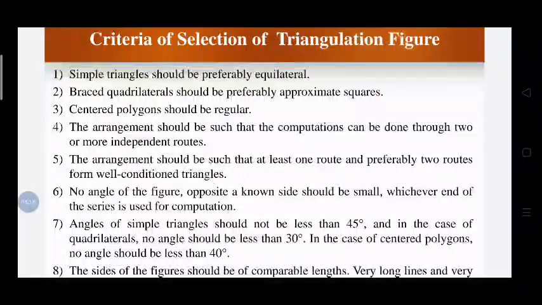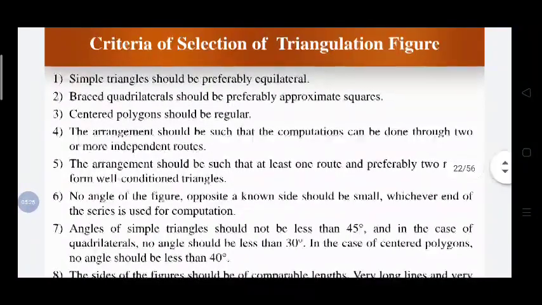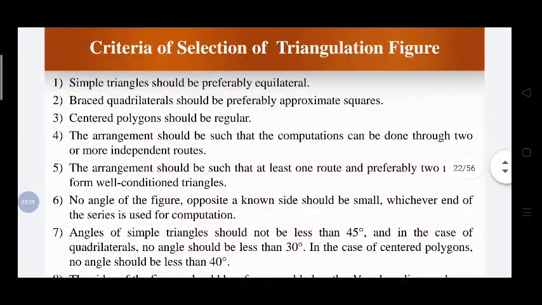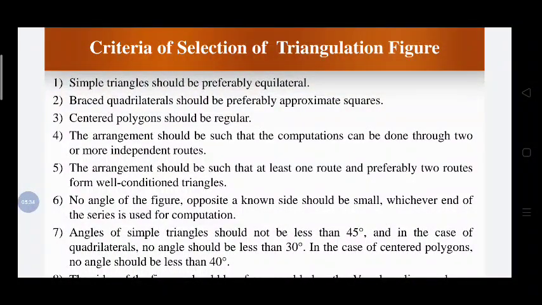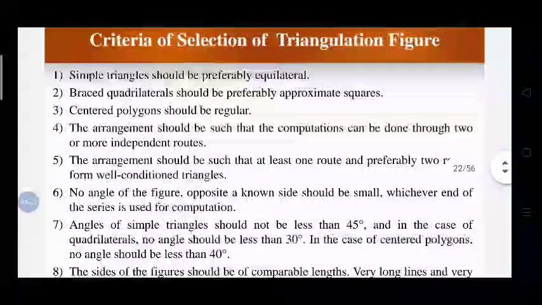A well conditioned triangle is a triangle in which the angle is not less than 30 degrees and not greater than 120 degrees, so the angle is between 30 and 120. So if you are selecting a triangle for a triangulation figure, it should most preferably be equilateral or isosceles, or a well conditioned triangle.